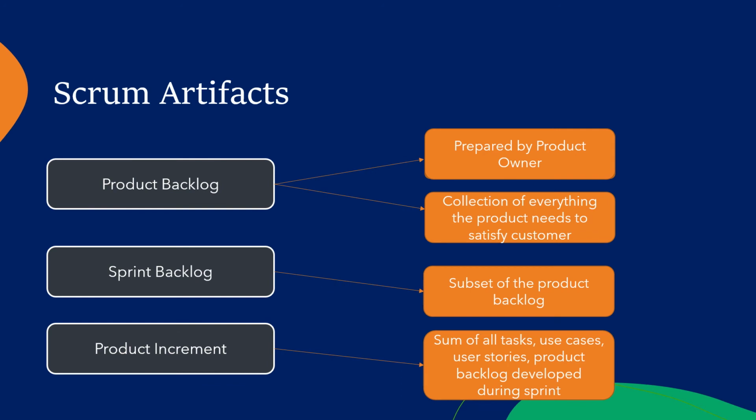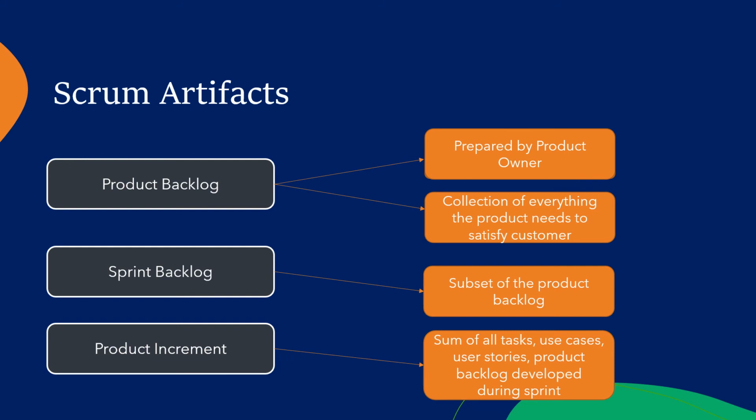Scrum artifacts include product backlog, sprint backlog, and product increment. What is product backlog? Product backlog is usually prepared by the product owner, and it is a collection of everything the product needs to satisfy the customer. So basically, the product owner will ensure the vision is clear and the product backlog is prioritized accordingly.